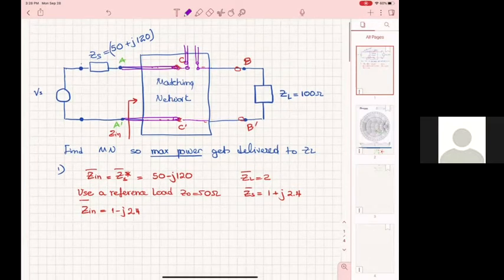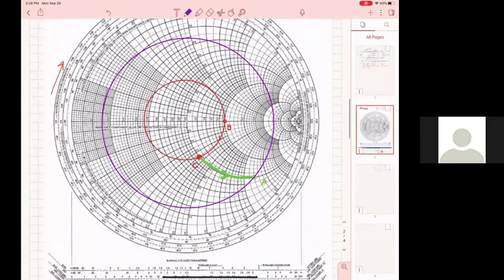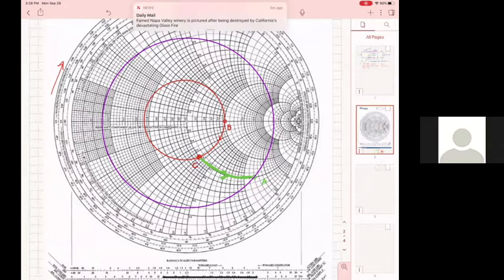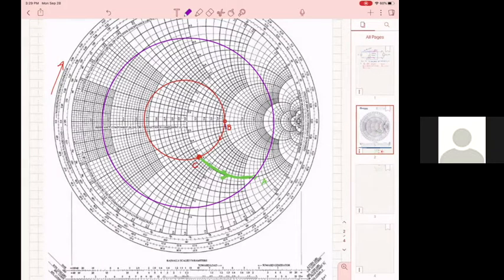Okay. If I go down there, I would have to move from point B somewhere on the purple circle. To do that, the only way I can go from B to purple is by moving along the constant resistive circle.